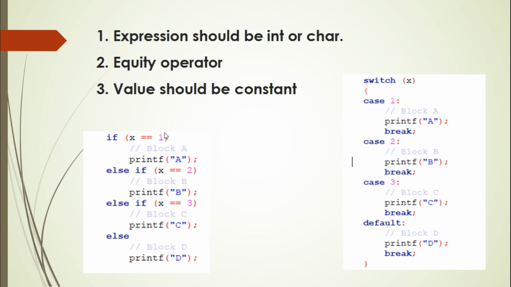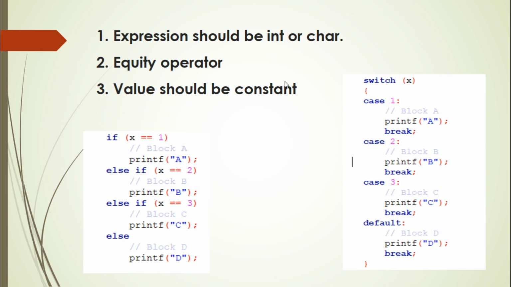That's why we don't need a curly bracket here. It's okay to have one and okay not to have one, and this is a comment. You can write a comment anywhere in the code, but it's not counted as a statement. Then else if x equals 2, you print b, x equals 3, you print c, and else you print d.